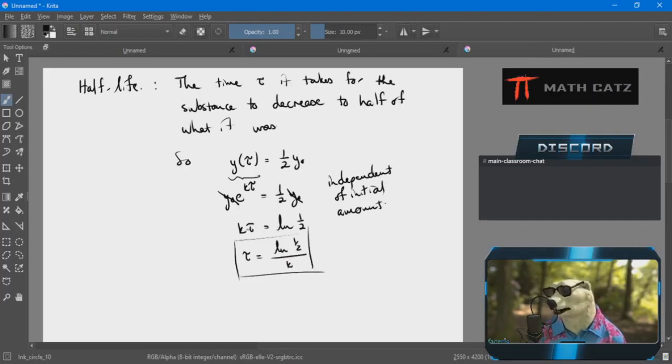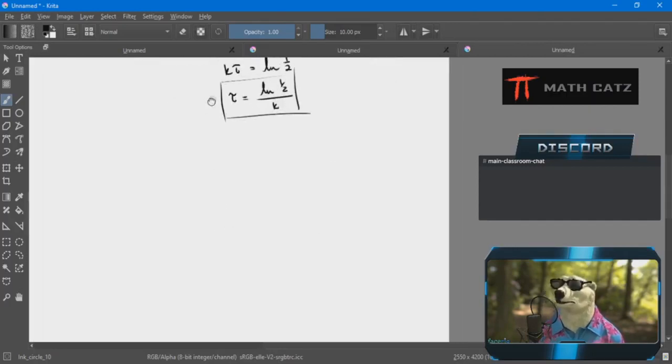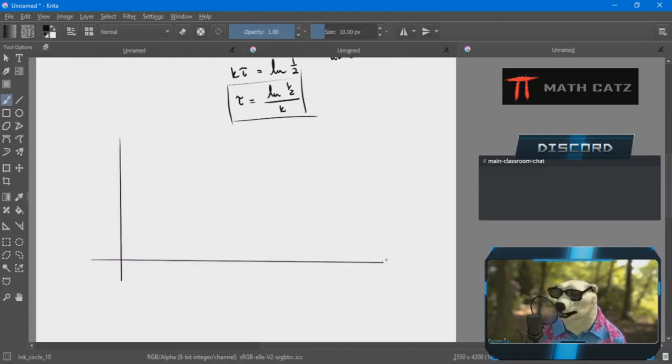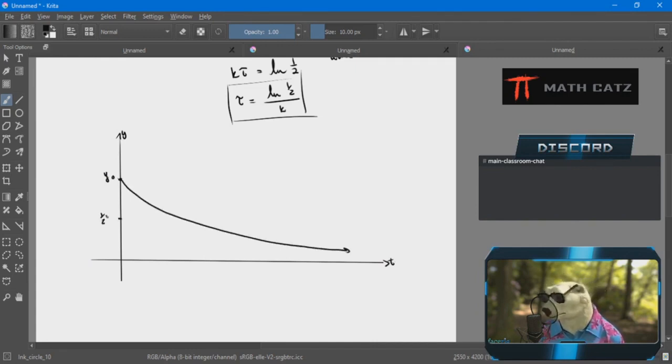So visually what that means is the following. Very similar to what we did yesterday, I'm just going to start with some initial amount, and it's going to decay to get to half of what I started with.